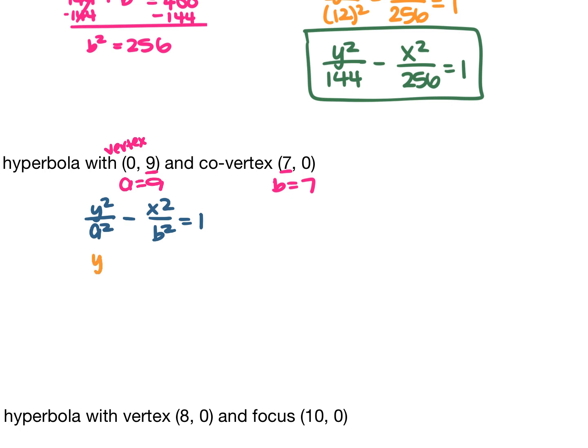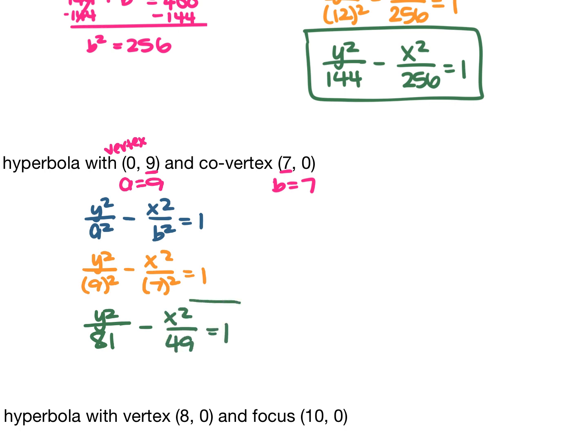So that's going to give us Y squared over 9 squared minus X squared over 7 squared is equal to 1. So that just simplifies to give us Y squared over 81 minus X squared over 49 is equal to 1.